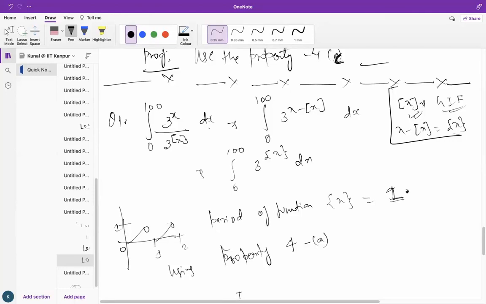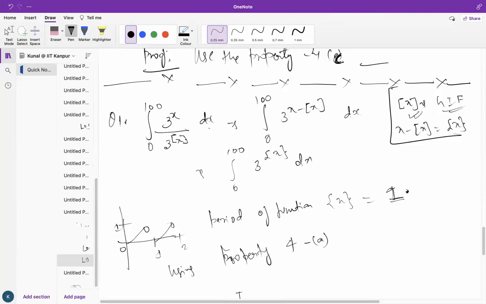And we know that x minus box of x is the fractional part of x. So it's 3 to the power fractional part of x, and the period of the fractional part of x is 1.